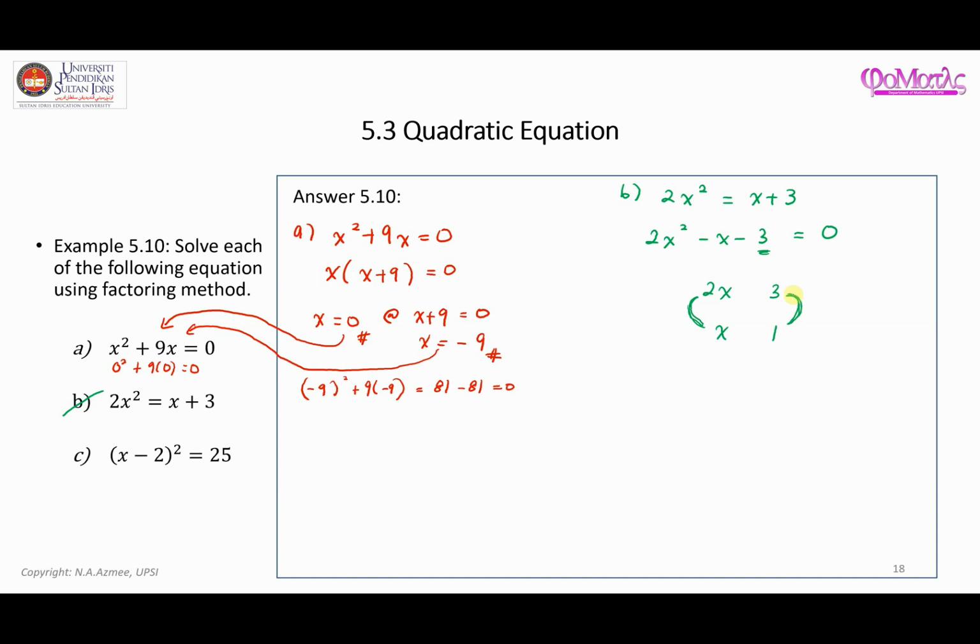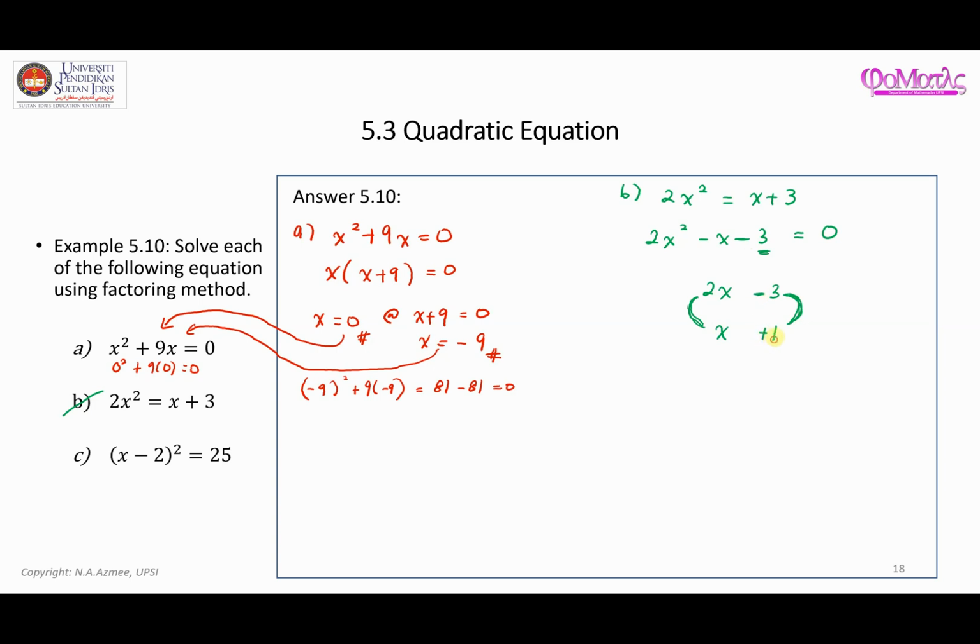When I multiply, I will get 1 times 3 is 3. But I need to have a negative value over here. So I need to consider a combination of positive and negative, and this could be negative 3, this could be positive 1.